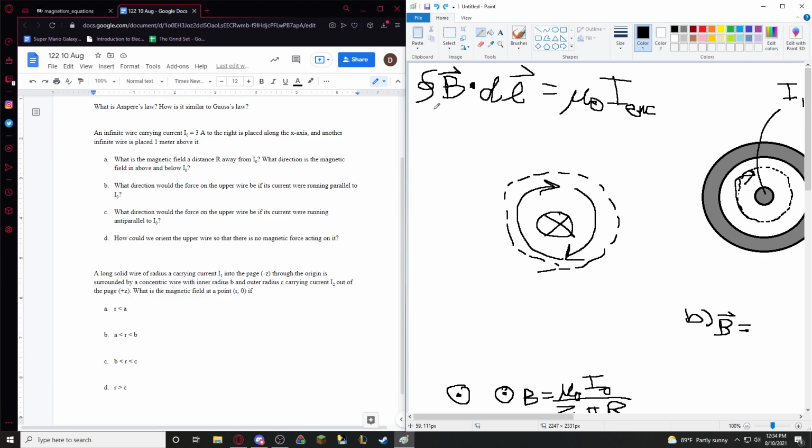What else can we do here to simplify this? What were we able to do for electric field examples with Gauss's law at this point? We get rid of the dot product. Now what? Well, we've got to simplify the dl.